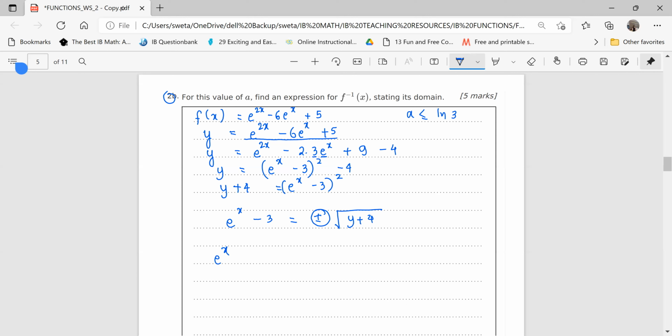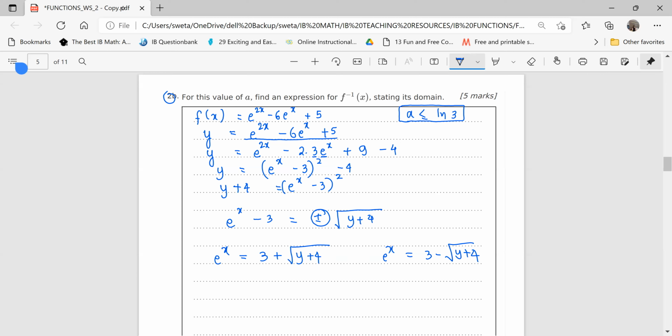e to the power x is equal to 3 plus the square root of y plus 4, and e to the power x is equal to 3 minus the square root of y plus 4. Now remember, the domain of our function f(x) was a less than or equal to ln 3.